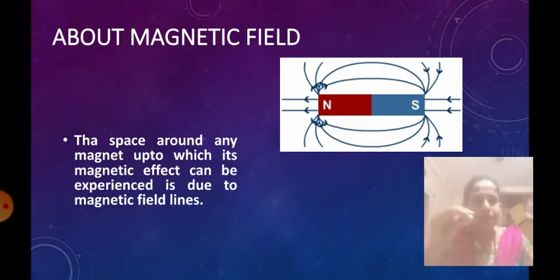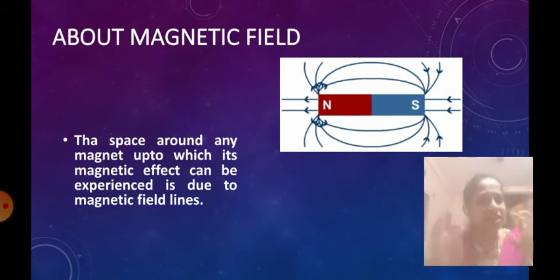It's because the space around a magnet is limited. If you take it further and further, the magnetic effect will go on reducing. So wherever these magnetic field lines are there, only there will be the magnetic field.